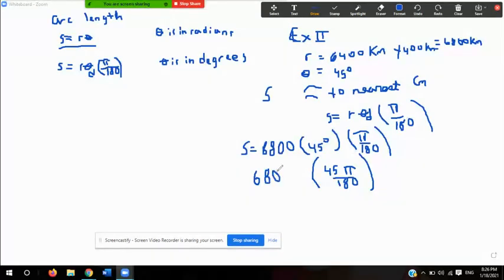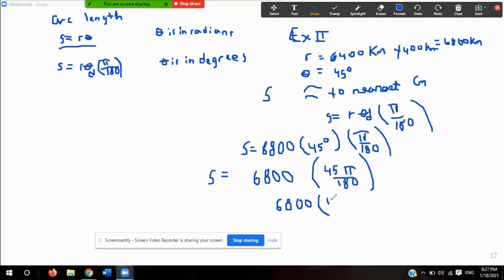And we multiply S. So we can reduce this, and that would be 6,800. And of course, we know that with 45 and 180, I can just divide by 45. So that would actually be 6,800 times pi over 4.